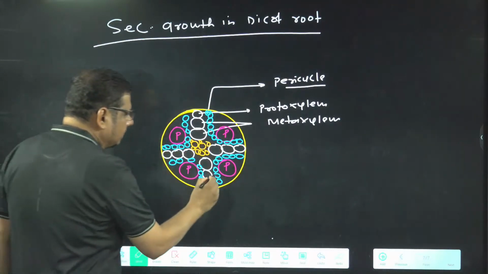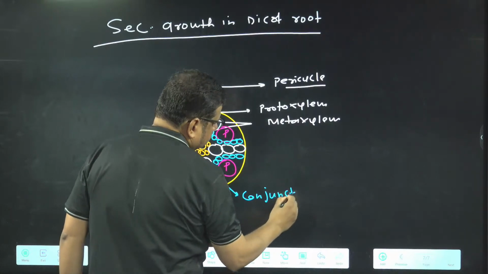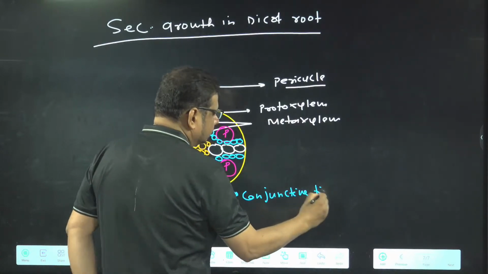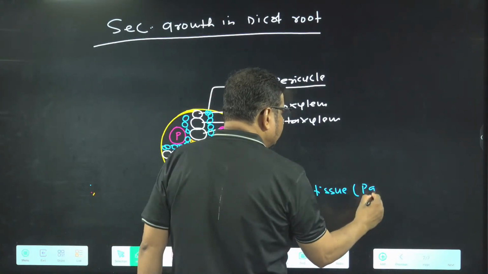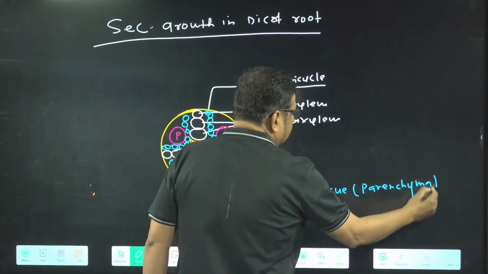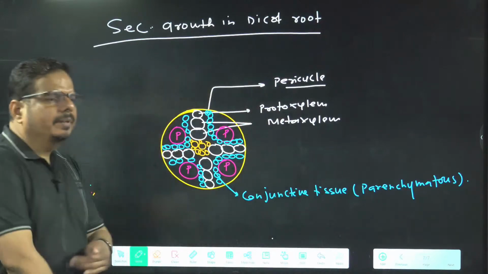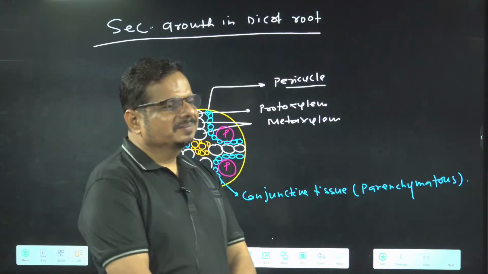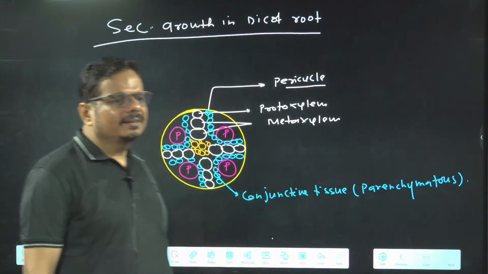It is conjunctive tissue, made up of parenchyma. So this is studied in the anatomy of the dicot root. Is it clear?